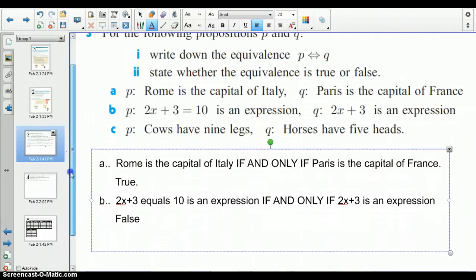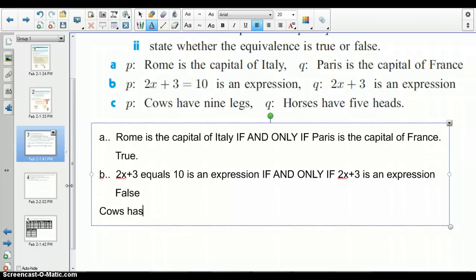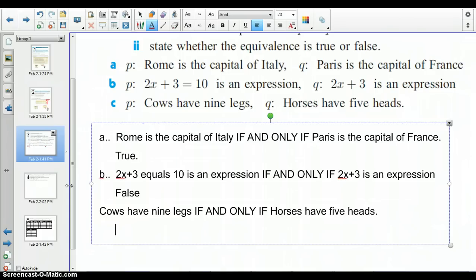Last one. Cows have 9 legs if and only if horses have 5 heads. Is this equivalence true? Yes, it is.